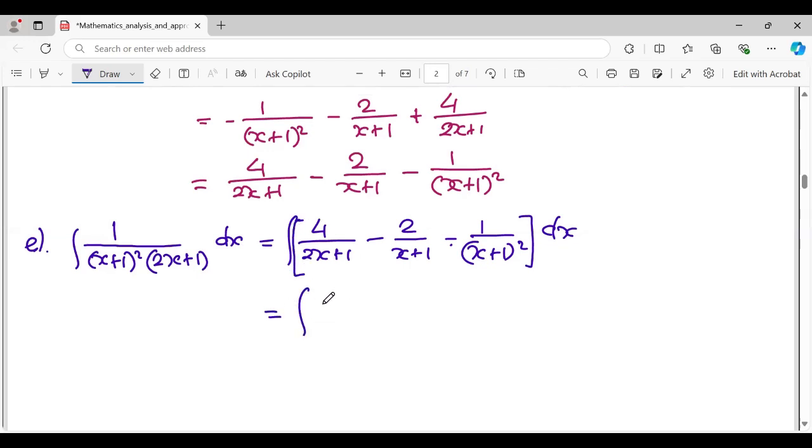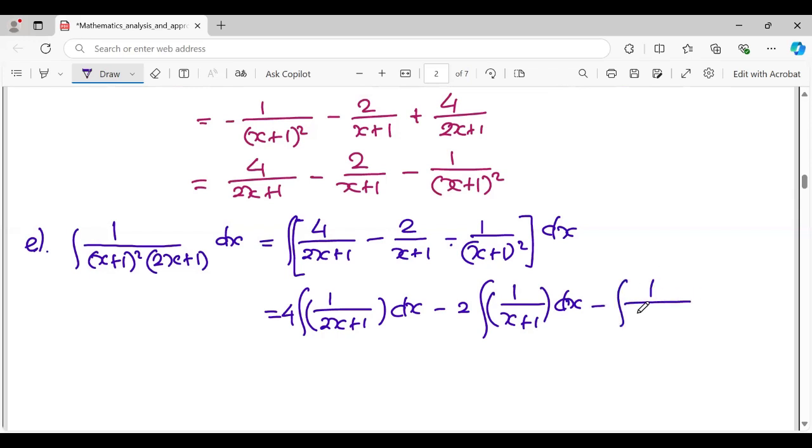So I will separate: 4 times the integral of 1 over (2x plus 1) dx, minus 2 times the integral of 1 over (x plus 1) dx, minus the integral of 1 over (x plus 1) squared dx.